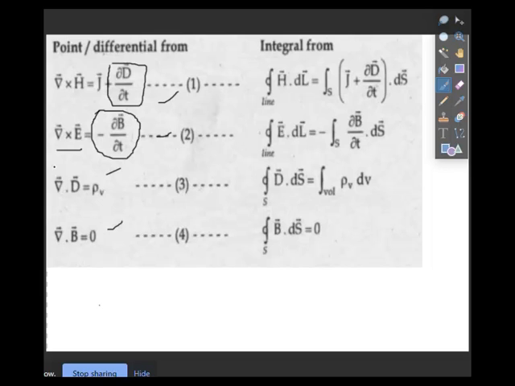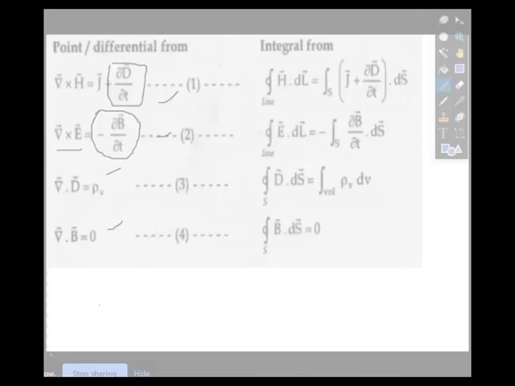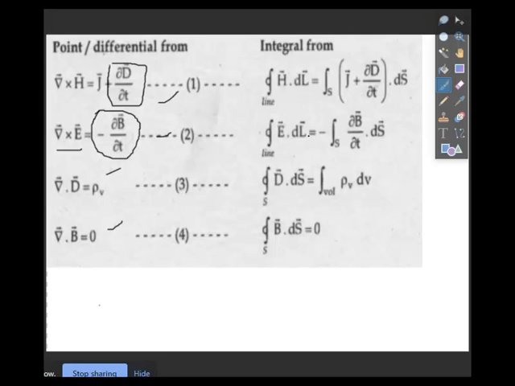For an insulator, the current will be 0, so the current density J will also be 0. And J equals sigma E, and since conductivity is 0, J is 0. So wherever we find J, we will put 0.